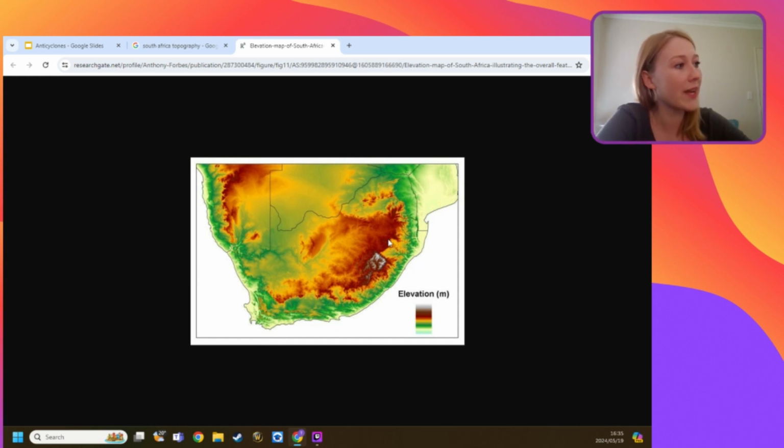And then the red and orange is supposed to show the high altitude areas. So you can kind of see that most of South Africa's interior is quite high in altitude, which means that it's all a plateau. And if wind carrying moisture is trying to blow inland, it has to climb up this plateau.